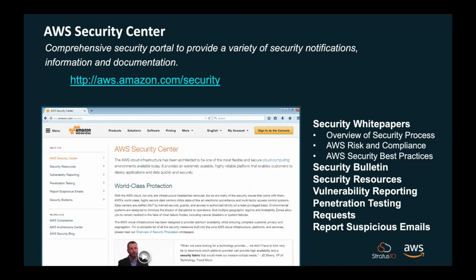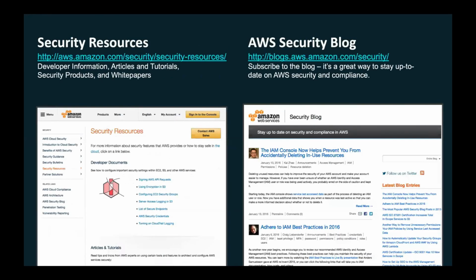If you need to report an issue, make sure you report it through the Security Center so they're aware of what's going on there. There's also a security blog and security resources that group together all the different security packages and best practices and give you some tutorials and white papers to look at.